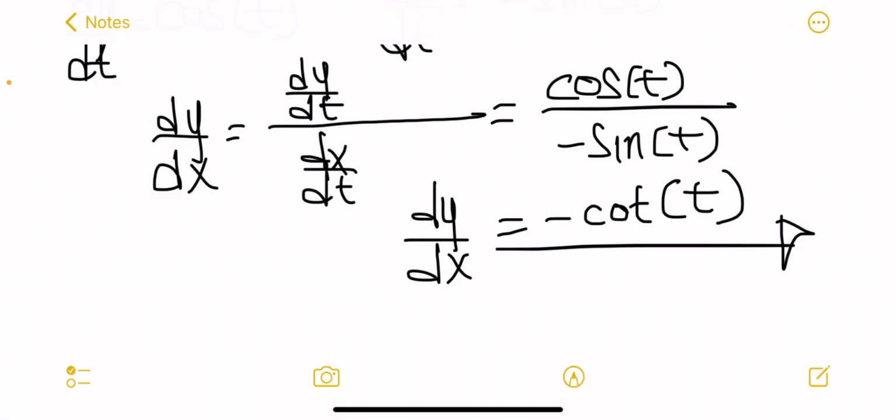Let's do another question. Let's find a more complicated question so that we can understand how the concept of parametric equations works.